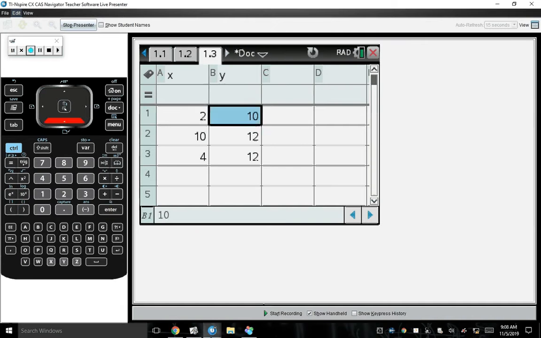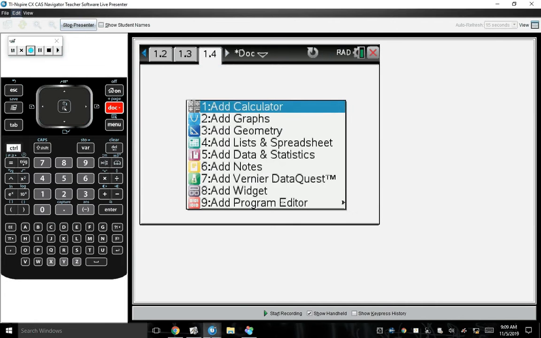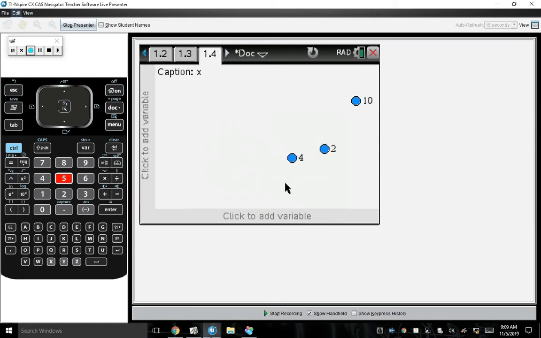Does anyone remember what we do from here, to get the actual graph? Do y'all remember? Yes, Control Dock, and it's going to add a data and statistics page. So we're going to do 5. Nice on the memory. Now we're going to change this variable to what? X, nice.